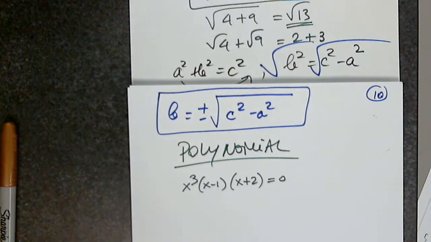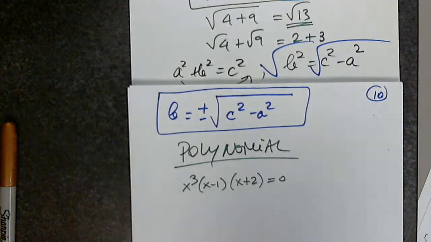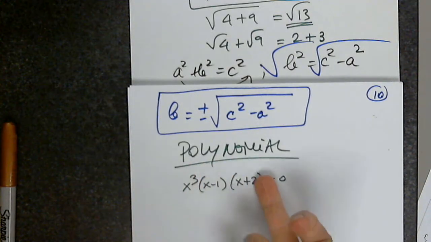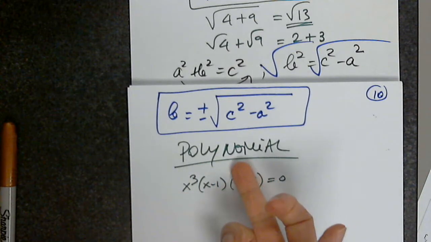So when we solve a linear equation, how many solutions do we expect? When we solve a quadratic equation, we expect. When we solve a cubic equation, we expect. What degree does this polynomial have? Careful, think about it, and tell me the degree.